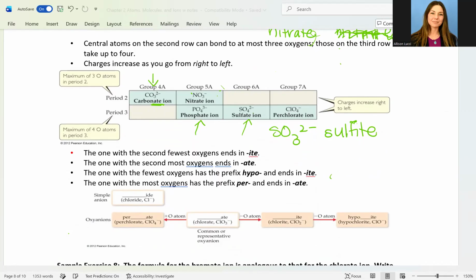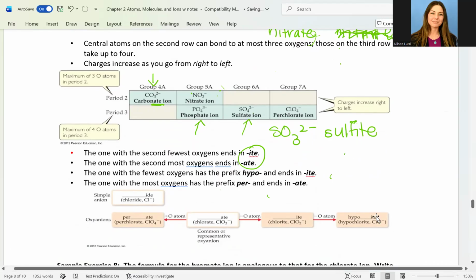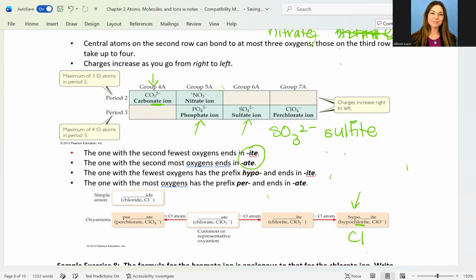The endings "ite" and "ate" are still used, but to say even less than the lesser amount, we would add hypo. So if we have a group of, say, 1, 2, and 3 oxygens, all the way over here, we see hypo, and then say it's chlorine, so ClO negative. This will be hypochlorite. Then we have just chlorite here. You just fill in whatever element, so chlor. This also follows for bromine.